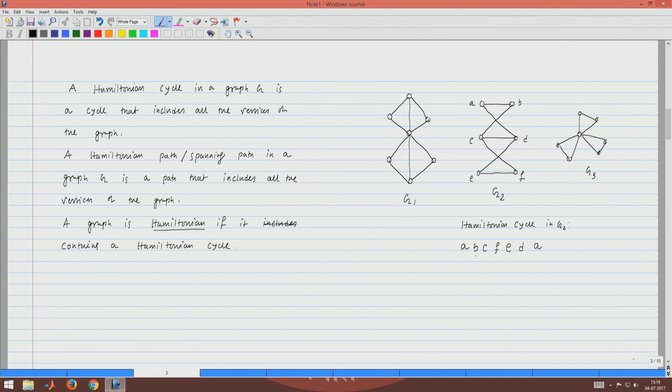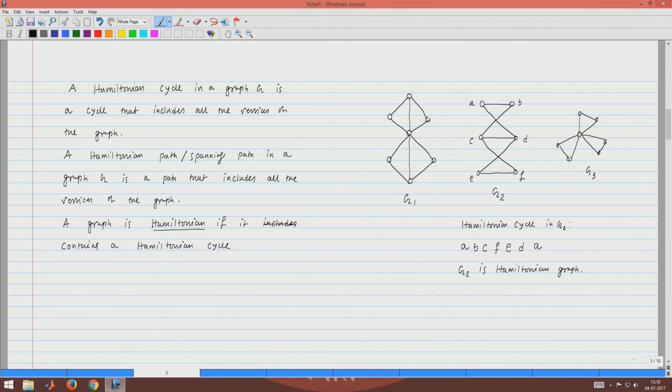I think I am not repeating any vertex here, and so it is a closed path. So, it is a cycle and it includes all the vertices of the graph. So, this is a Hamiltonian cycle. So, I can say that G2 is a Hamiltonian graph.